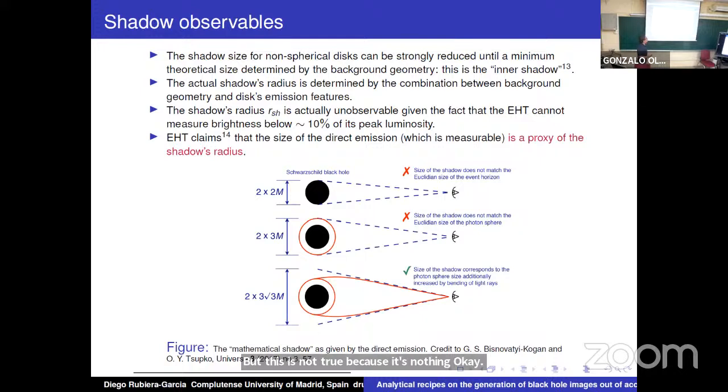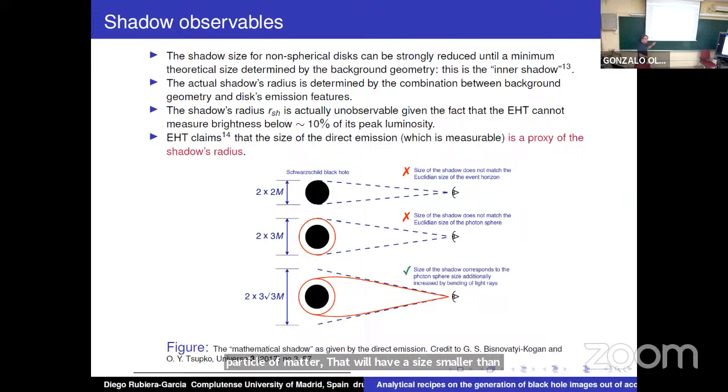Anyway, there is something called the inner shadow. Suppose that there is a disk that extends all the way down from the photon sphere to the event horizon. The very last particle of matter near the event horizon that emitted a light ray that gets to your screen will have a size smaller than this one.